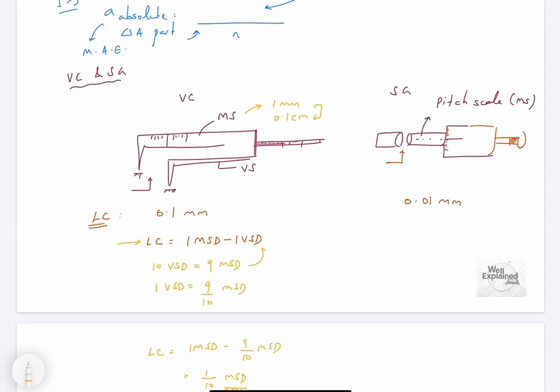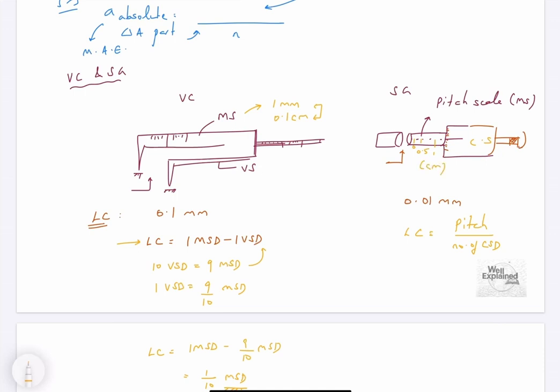And for this, least count is nothing but pitch divided by number of circular scale divisions. This is a circular scale. This is the pitch scale, right? And on the pitch scale, you would measure 0, 1, and usually you get it as 0.51 and so forth. 0.51, and this is in centimeter.